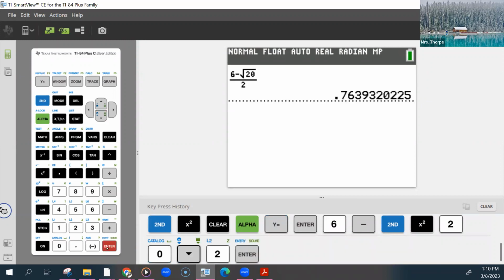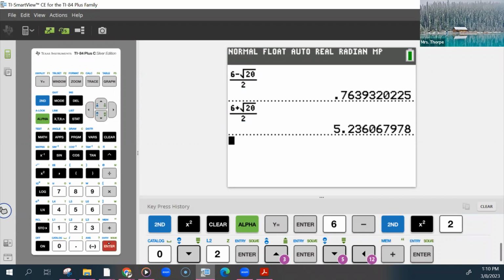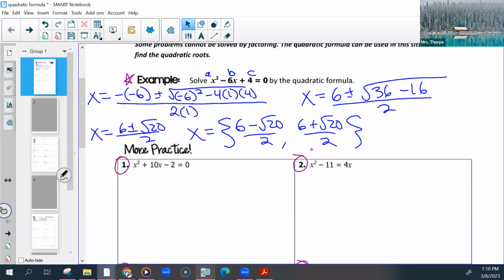Then do the same thing but plus. And you would write those sets of decimals instead. So 0.7645236. Do we round it, or do we just keep it? Round to 2 or 3.